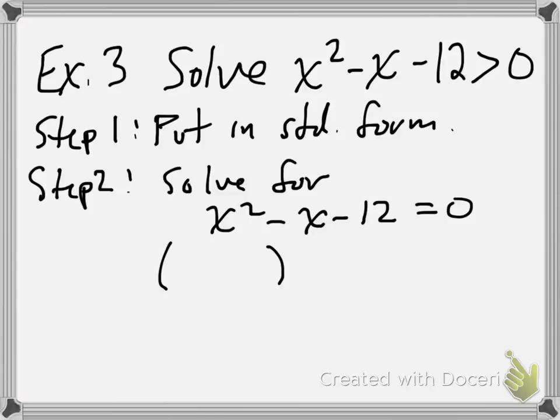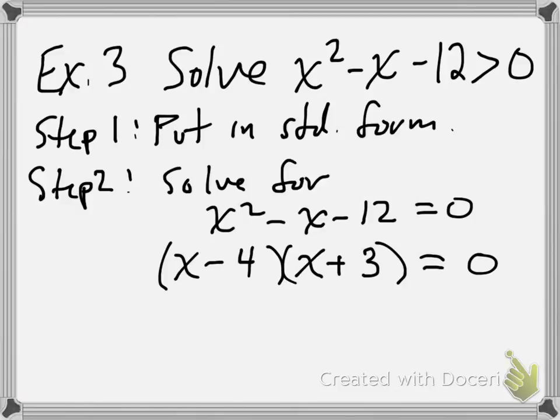So I'm going to write my parentheses, put x first, and then my signs here are negative, negative, so the signs of the factors are going to be negative, positive. And I'm looking for factors of negative 12 that sum to negative 1. So negative 4 and 3. Their product is negative 12.